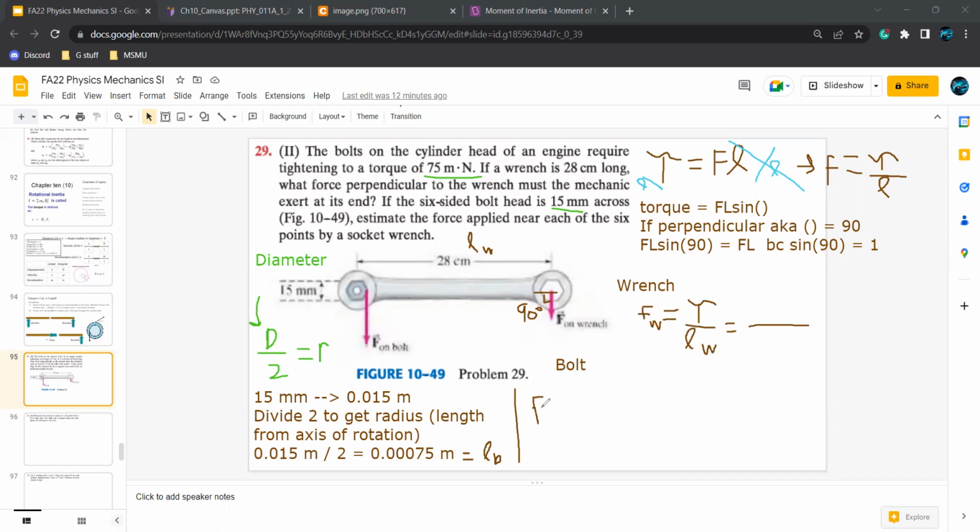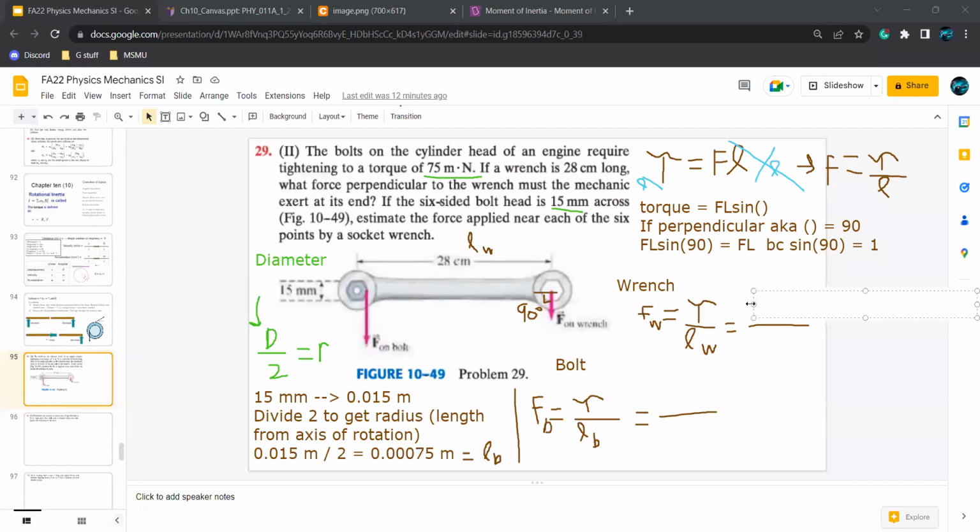Similarly, the force of the bolt is total torque needed, which doesn't change, over the length of the bolt, which does change. Let's go ahead and plug in these numbers.